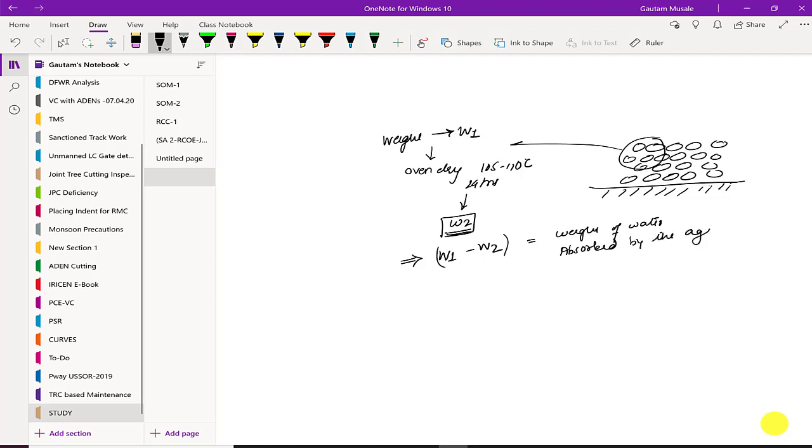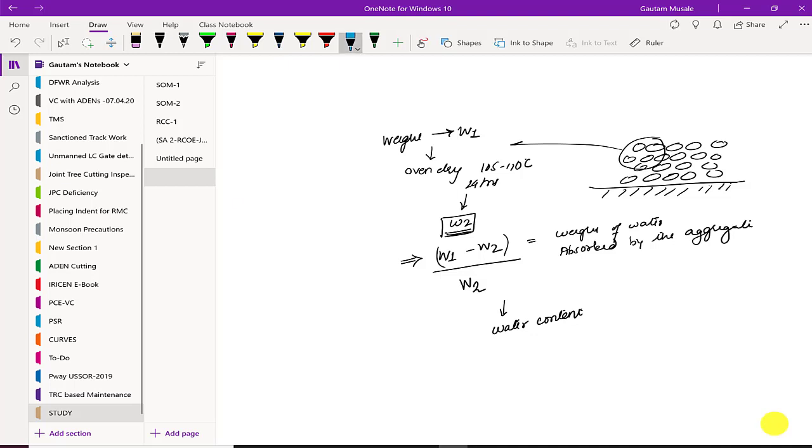It is the weight of the water which has been absorbed by the aggregate, and when you divide it by the weight of the dry aggregate, that is W2, you will get the water content. Now, what is the difference between the water content and the water absorption?